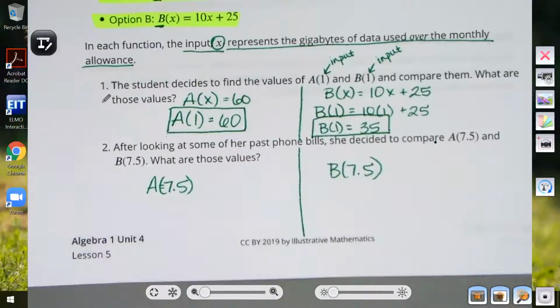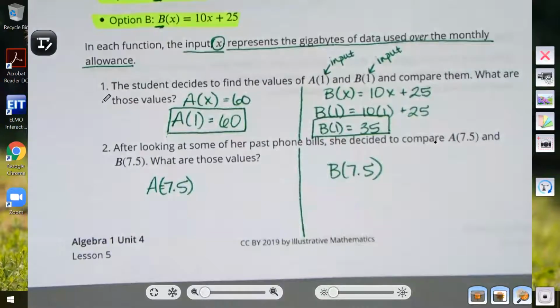Ready, go. There will be questions like this on your quiz, just knowing that when they write it in this function notation, they're telling you the input is whatever number is in the parentheses.